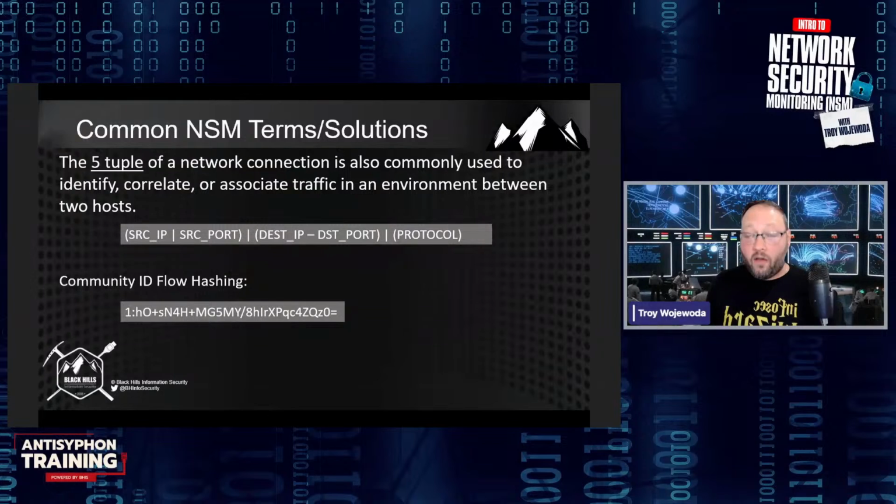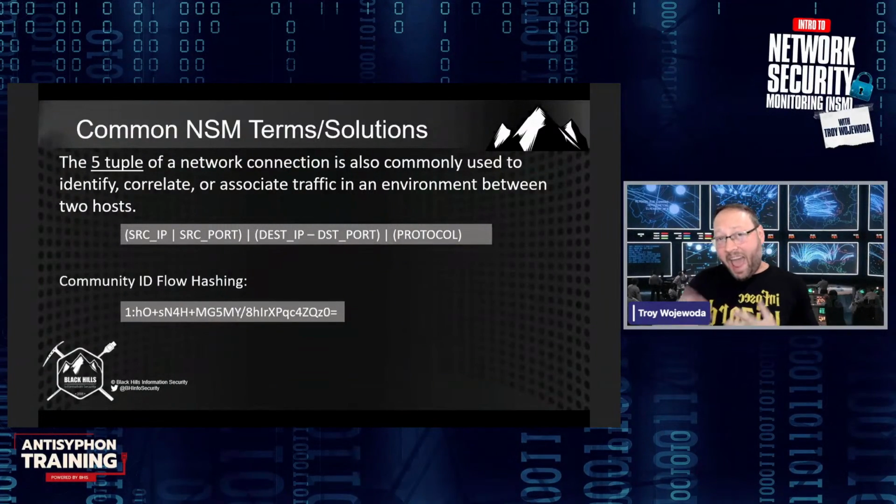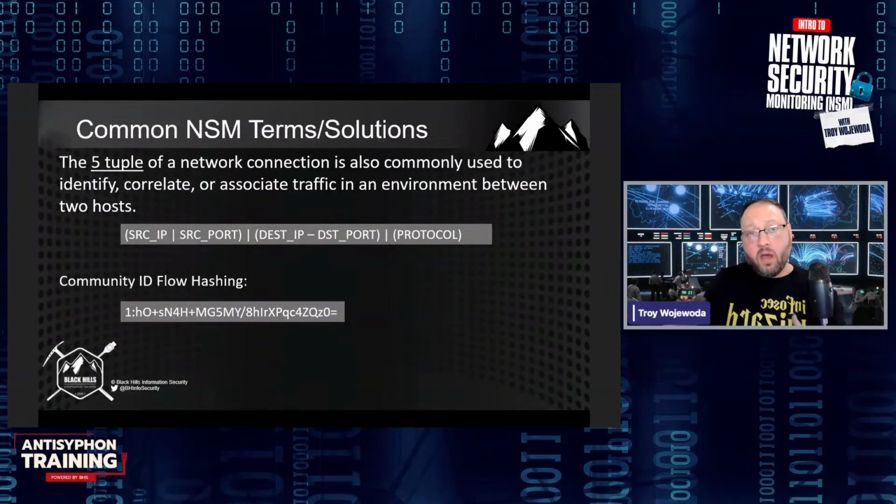And this is also how, if you've ever heard the term community ID string, it's a hash of this 5-tuple communication, with some salting that goes into it to give a unique hash. That hash can be used to correlate endpoint network telemetry being observed on an endpoint with the same corresponding network traffic going through a choke point that your network security monitoring solution is seeing.